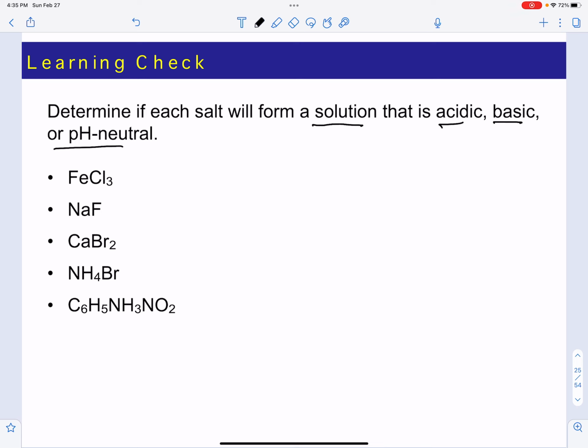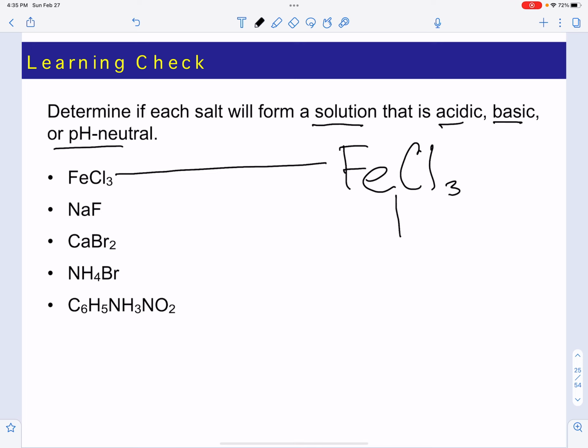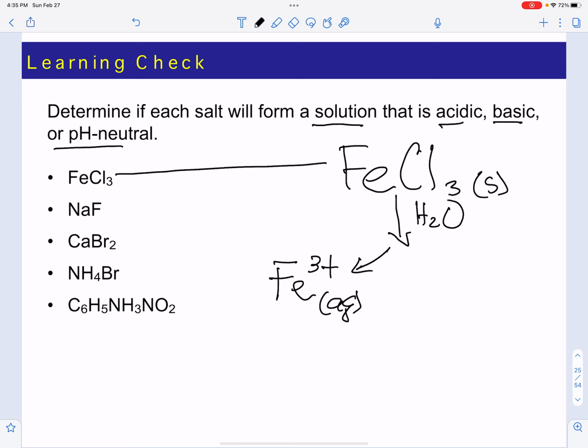So the way we're going to do that is we're going to take the salt in question, and when we put this in water, it's going to dissolve, and it's going to give us iron 3 in this case, based on the formula, right? And chloride.